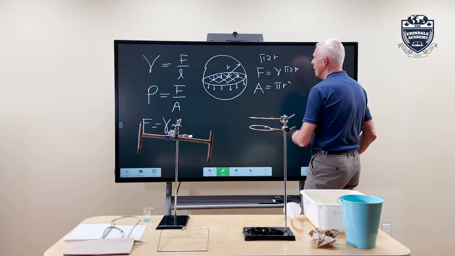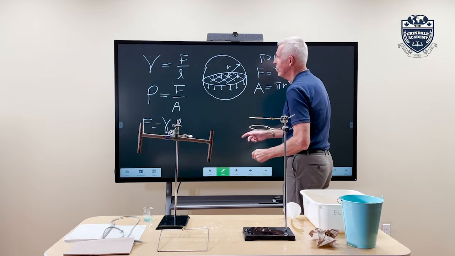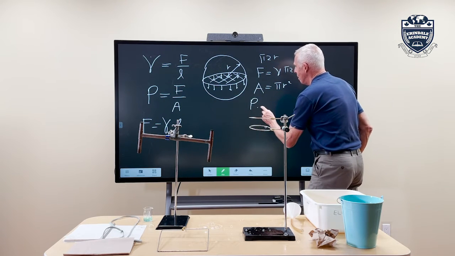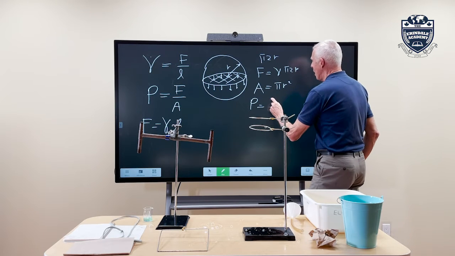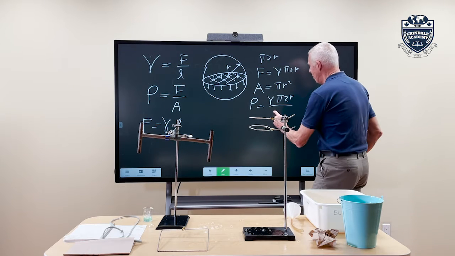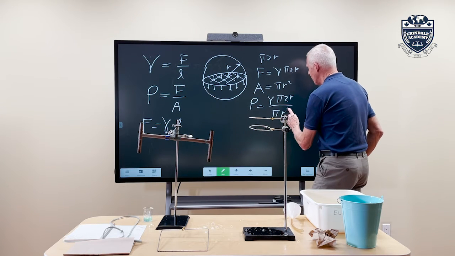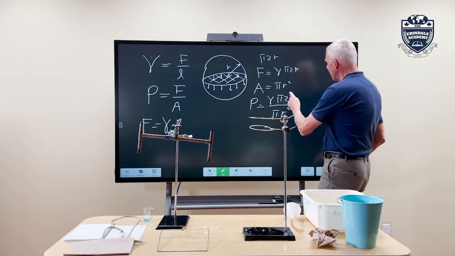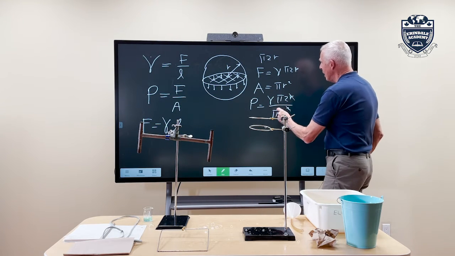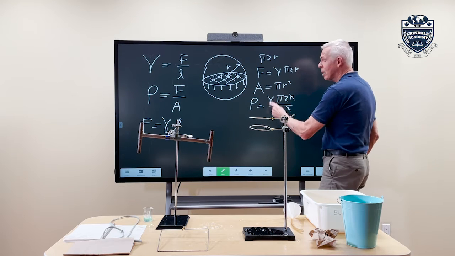And so the pressure, which is force per unit area, is going to equal force, surface tension times 2πr, divided by area, πr squared. Now this r cancels, so we're left with one r here, and π and surface tension and 2 are all constants.